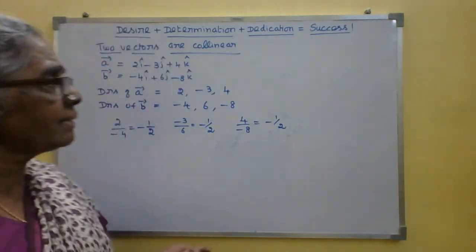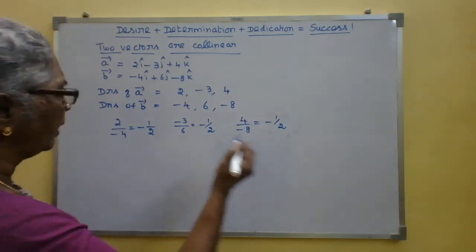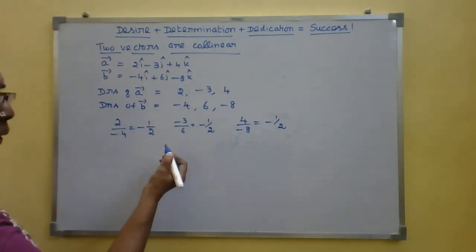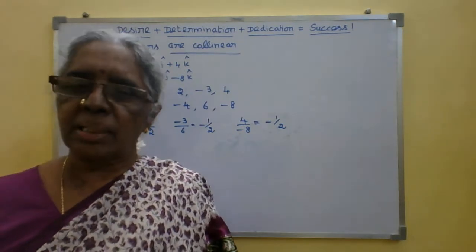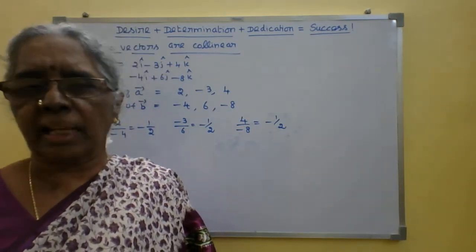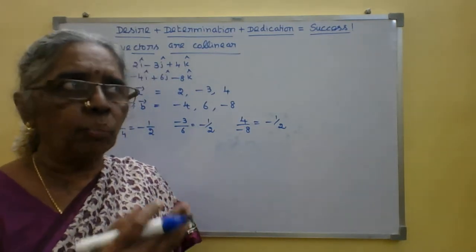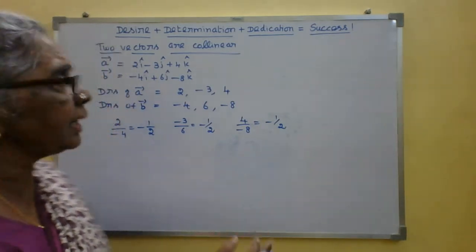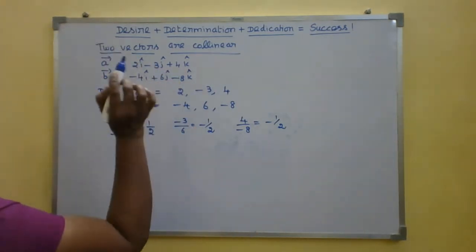What is the second way? In the second way, if I can prove one vector is some scalar times, either k or lambda times, the other vector, I can say the two vectors are parallel or collinear. Now, let me check the A vector and B vector.